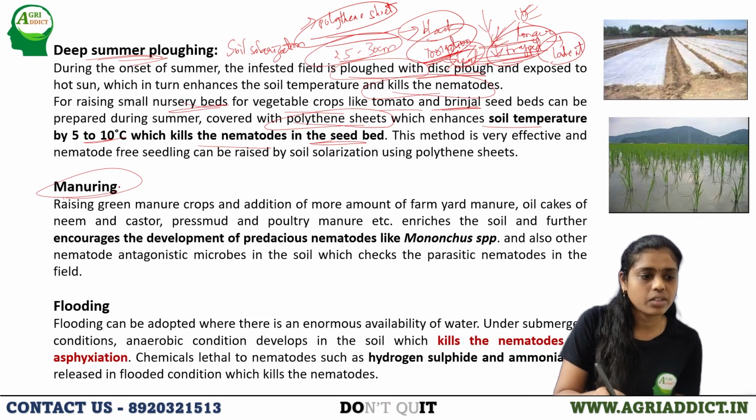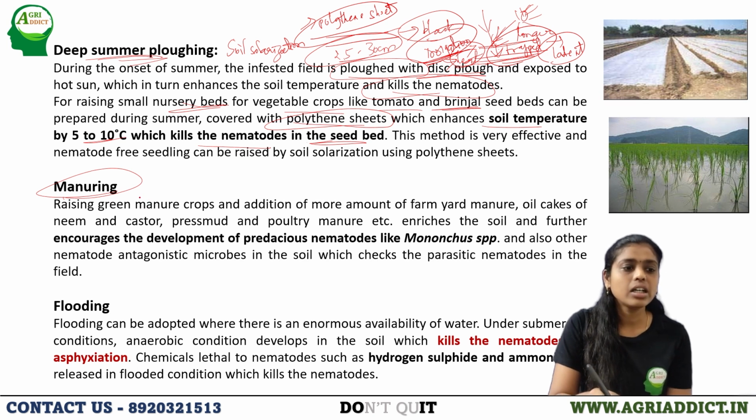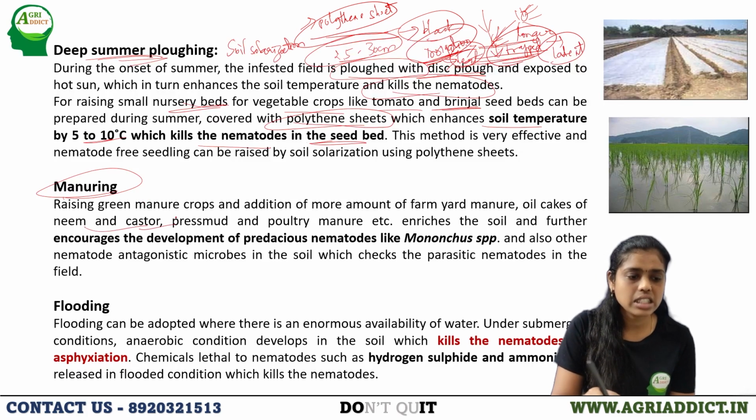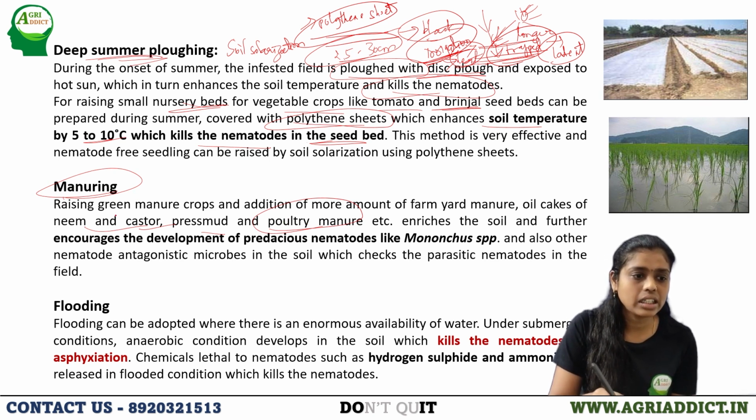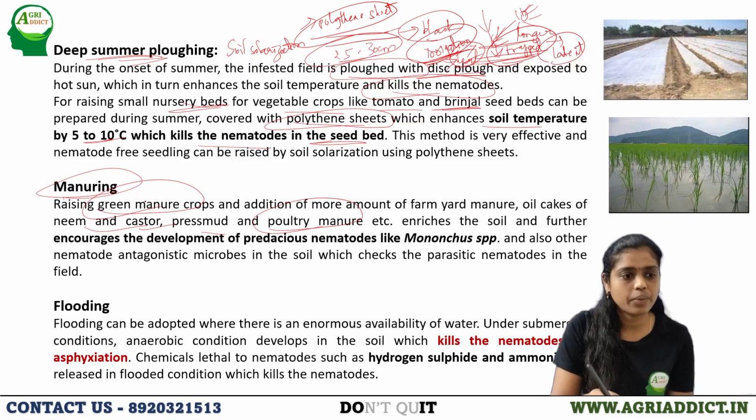Next is manuring. Manuring is nothing but addition of certain amounts of FYM, that is farmyard manure, oil cakes of neem, castor and press mud, and also poultry manure into the soil, or growing certain green manure crops in the field.